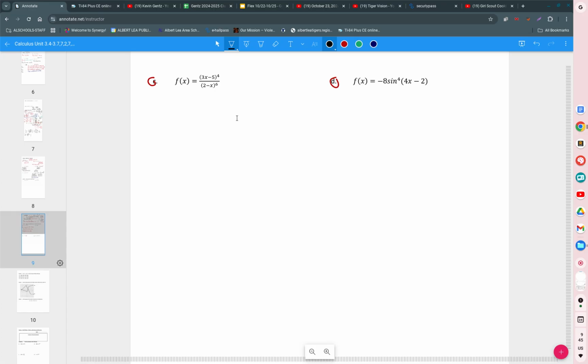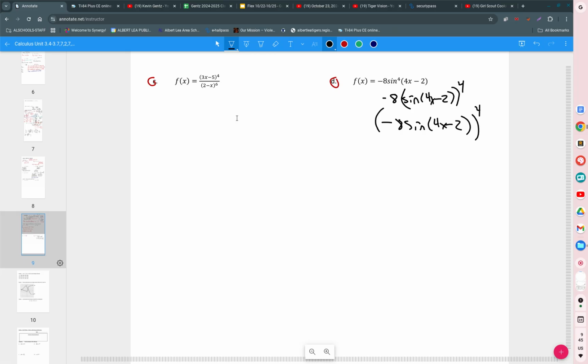This one really tests how you see the order of operations. As I set this up, I'm going to write it as -8 times the sine of 4x minus 2, that quantity to the 4th power, or is it -8 sine of 4x minus 2, all to the 4th power?